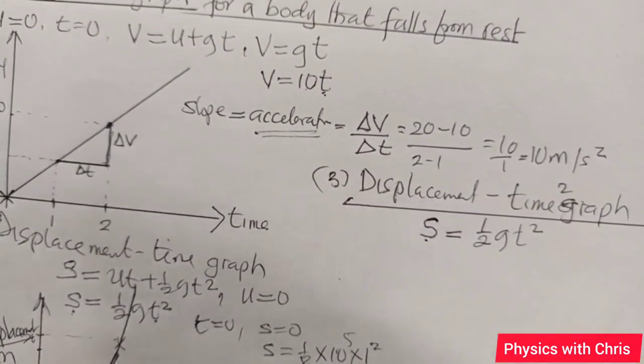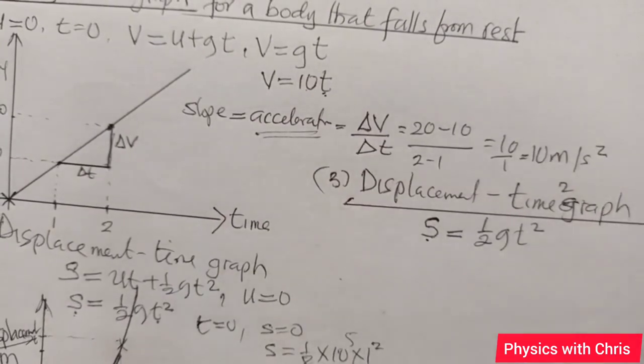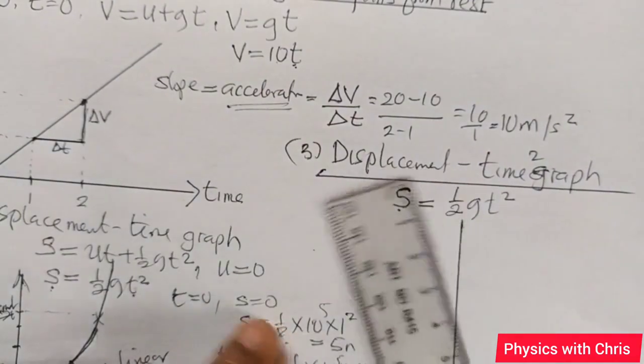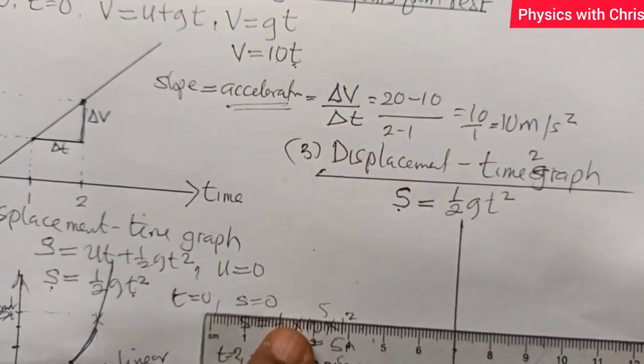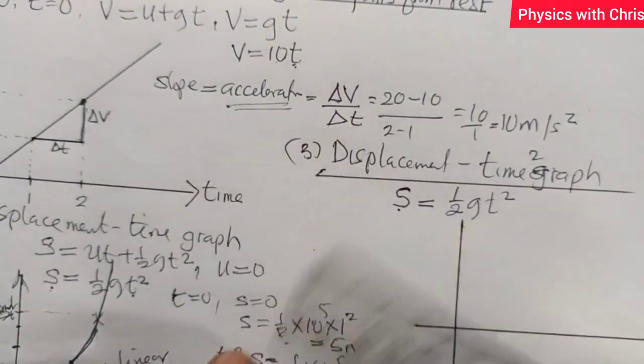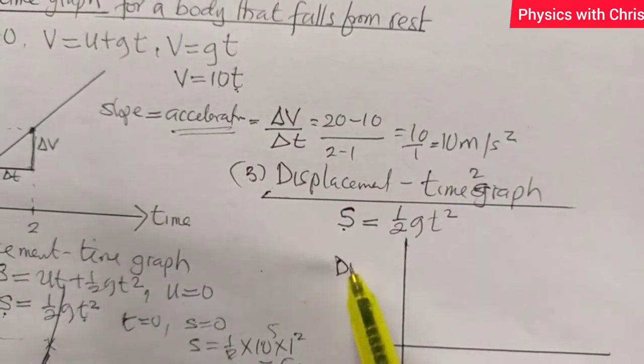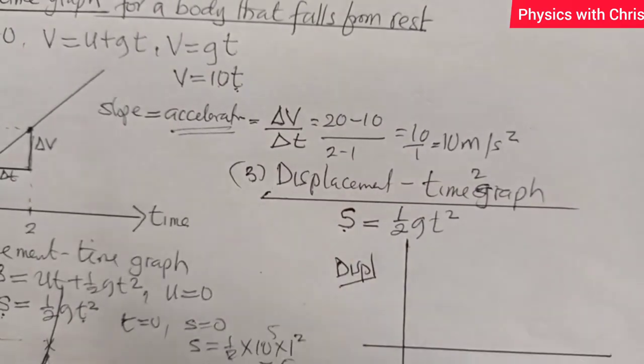So I will draw my axes like this, and I will label my axis as displacement against the square of time.